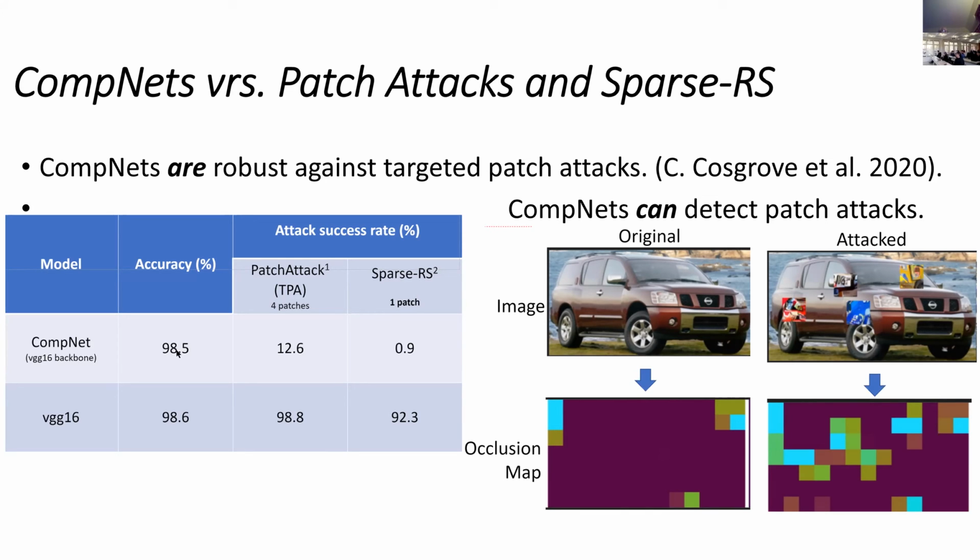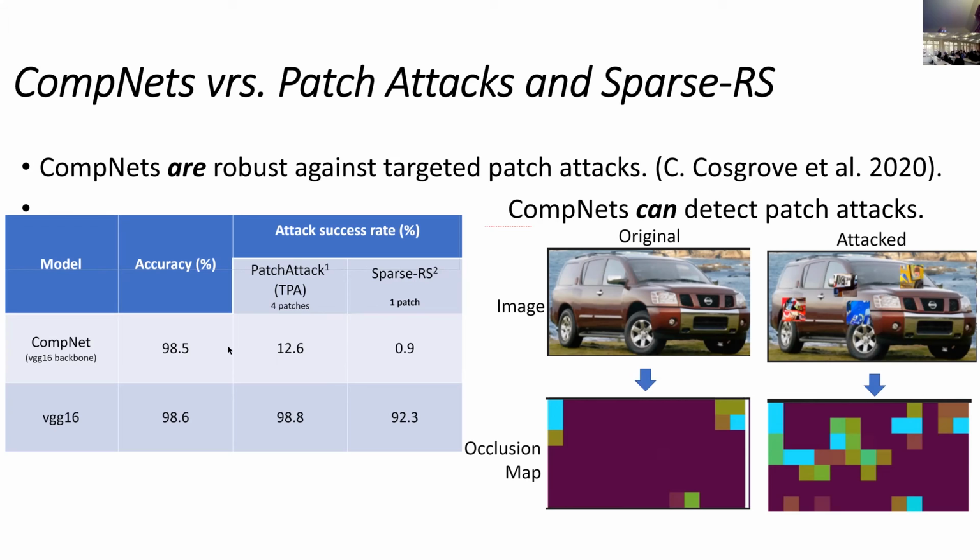The accuracy of these models without attacks is very high, but the success rate of the patch attacks on VGG 16 is 98.8%. It's completely able to fool the VGG 16, and Sparse-RS, which is another method related to patch attacks, can also cause deep nets to make mistakes.